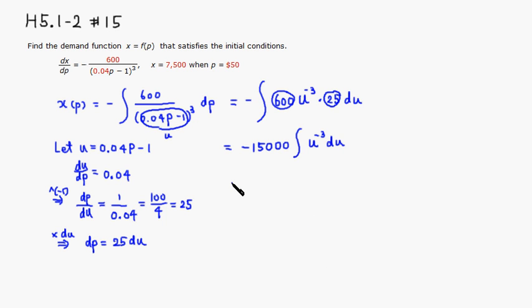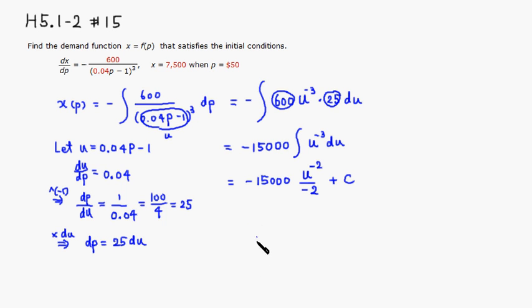Let's take the antiderivative. You have -15,000 outside. Take the antiderivative: add 1 to the power, so -3 becomes -2, and we divide by -2, then plus some constant c.